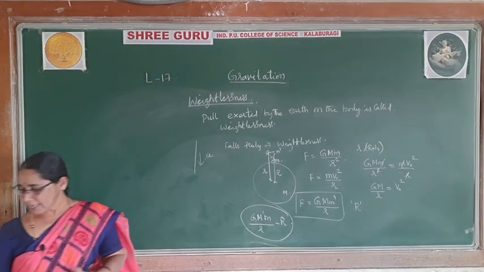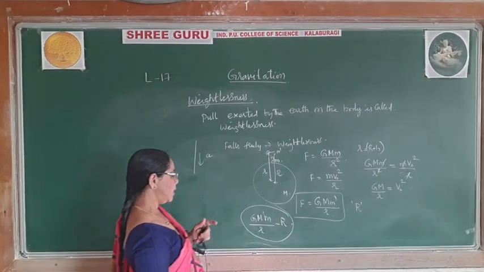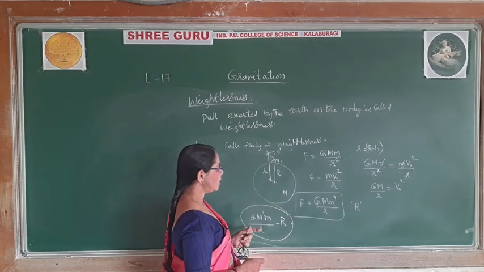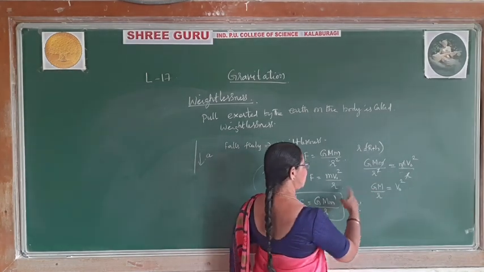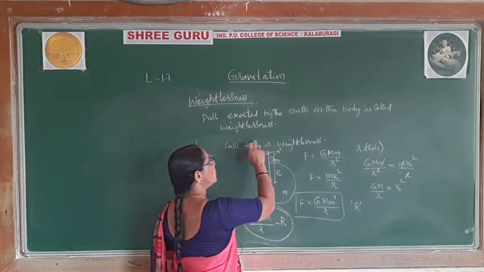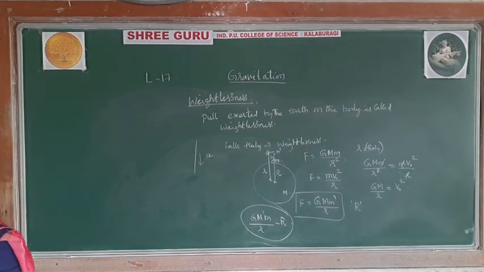Equating this, you get m v square by R, which will be acting on him, and hence he feels weightlessness inside the satellite.